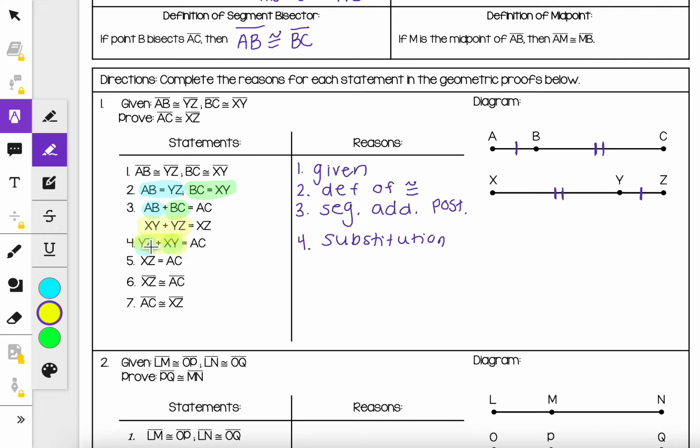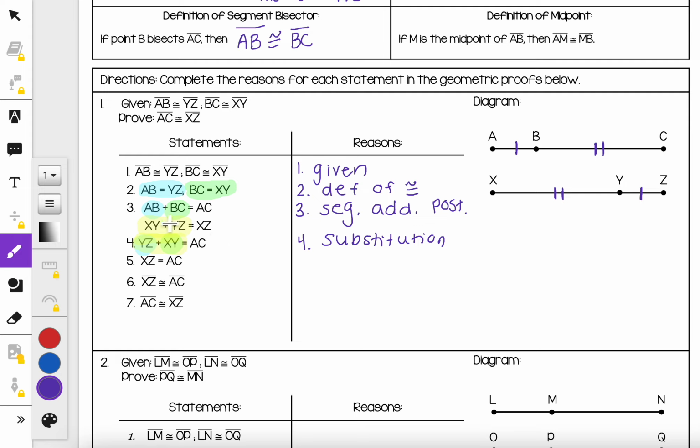So I can use a special case of the substitution property, that transitive property, to cut out the middleman, cut out what I highlighted in yellow because that's the same thing, both of those lines, and say that XZ equals AC. So that's an example of the transitive property.